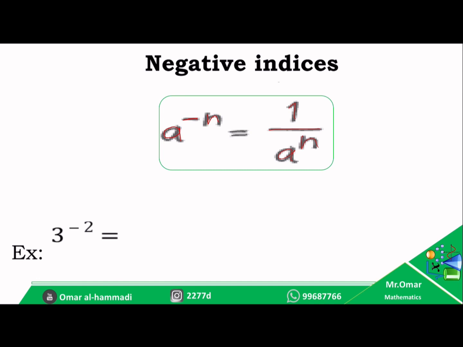What will we have? It will give us 1 divided by 3 to the power 2. That's it. We put it in the denominator and change the power from negative to positive. For example, this one, the same thing, we will do 1 divided by y to the power 2. That's it.